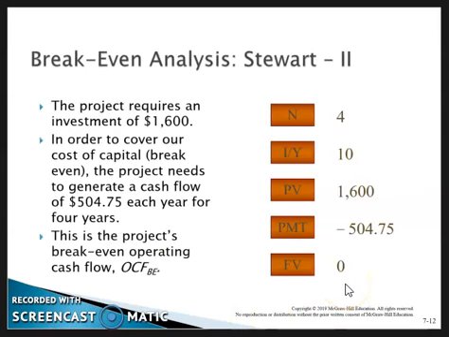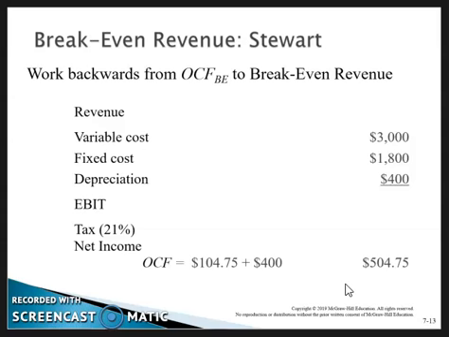So our operating cash flow is going to be our depreciation plus our net income. We see our depreciation is 400 million. So that tells us that our net income has got to be 104 million.